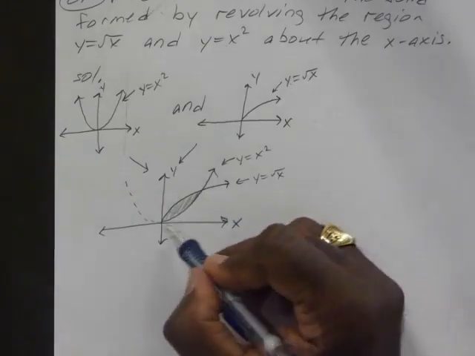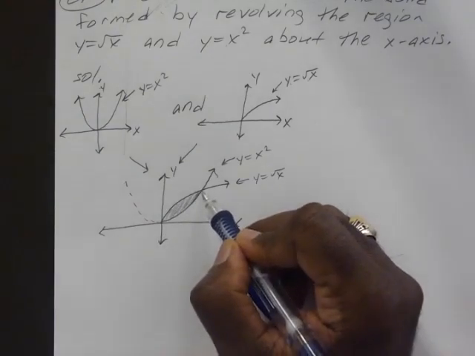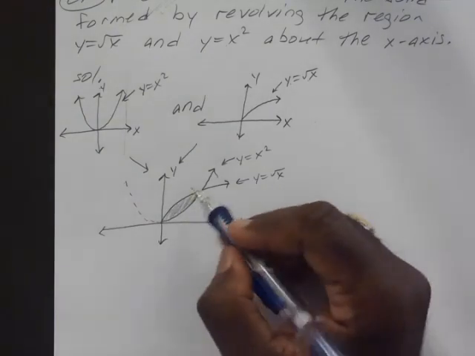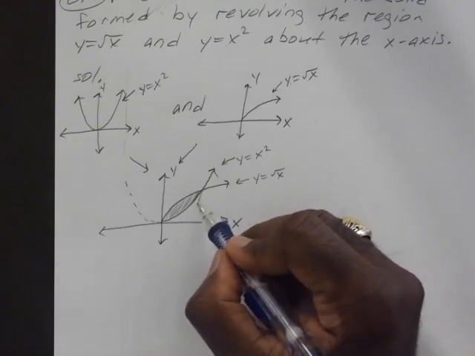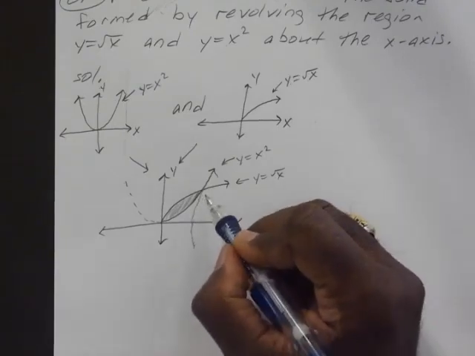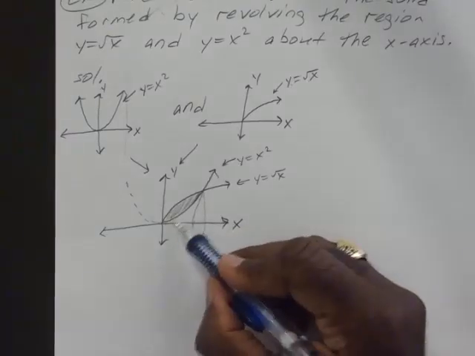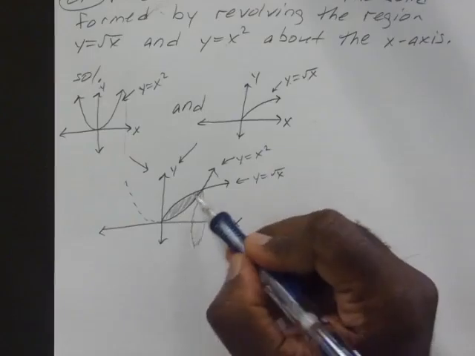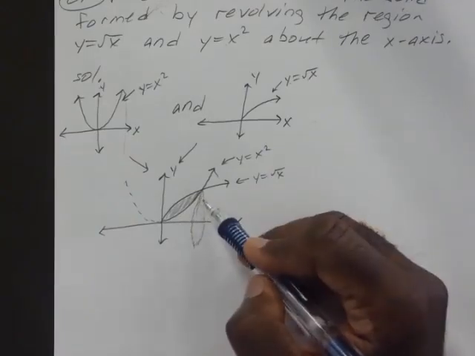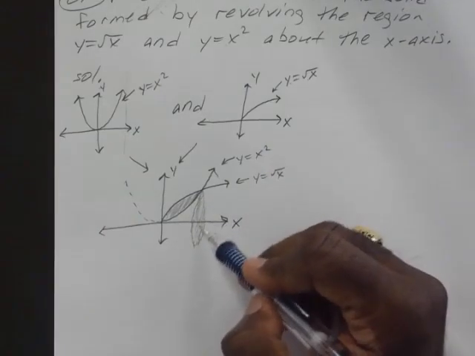So we got just this shape and we revolved it around the x-axis. So we kind of got this and spun it around the x-axis. Just imagine that spinning around the x-axis. You would have a hole right there.